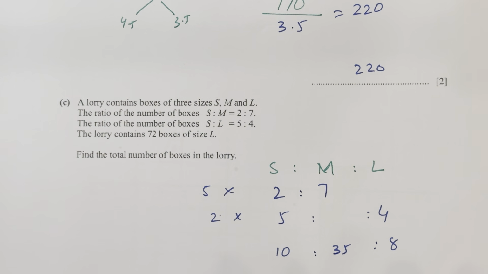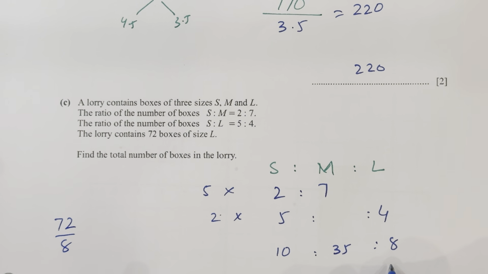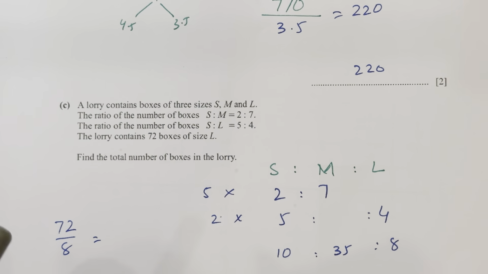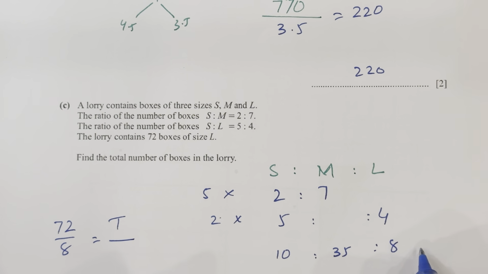Now the lorry contains 72 boxes of L. So 72 divided by 8, because L has the ratio of 8. Then the total number is T, and the sum of these ratios 10 plus 35 is 45, and 45 plus 8 is 53.